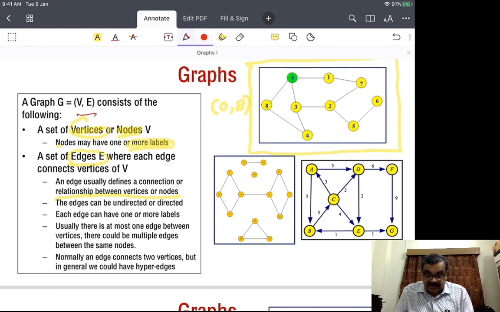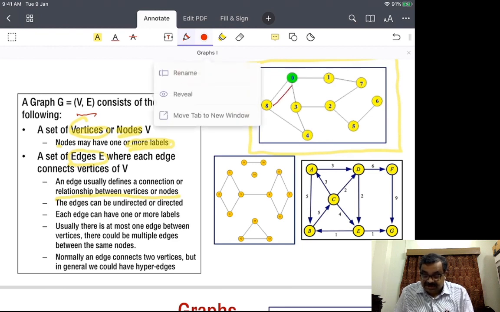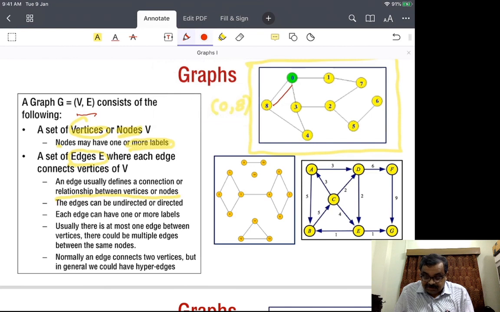Let me use a pen. This edge will be called the edge 0, 8. So this edge Ei is 0, 8.